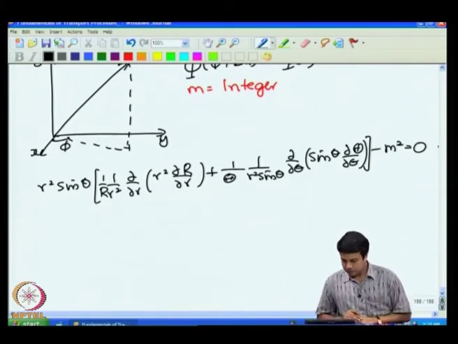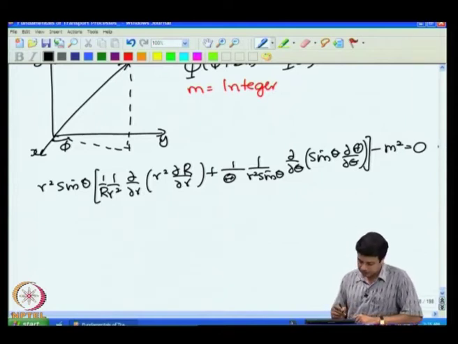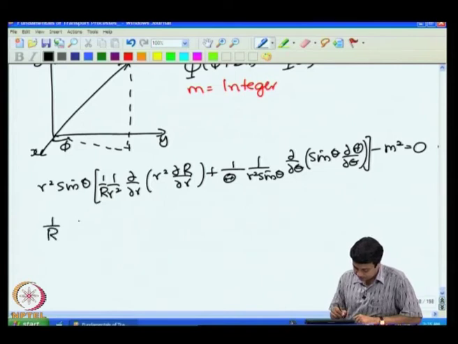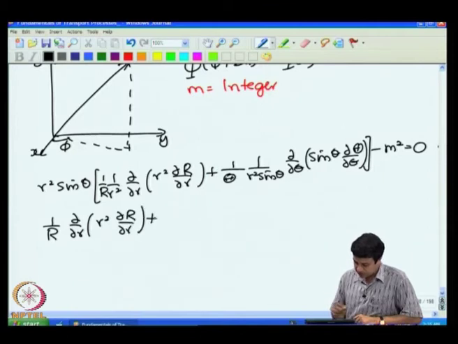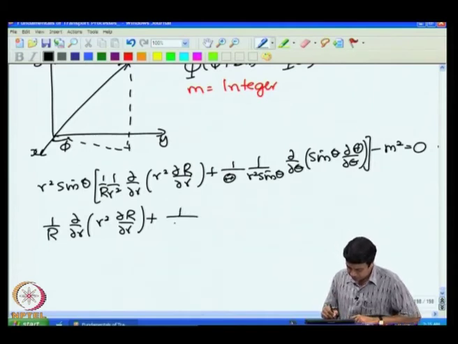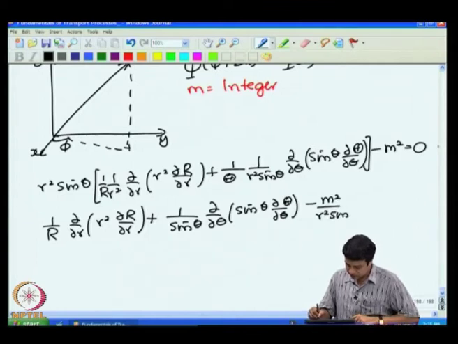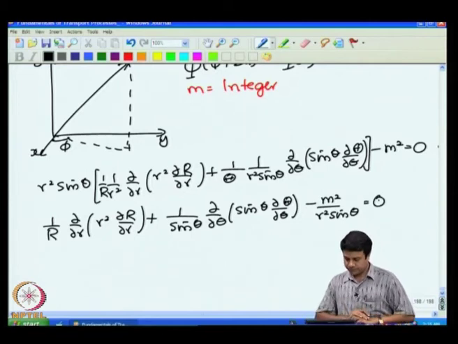Once again, this contains both r and theta in it, but I can now divide throughout by sin theta, and I will get 1 over r d by dr of r square dr by dr plus 1 by sin theta, minus m square by r square sin theta.